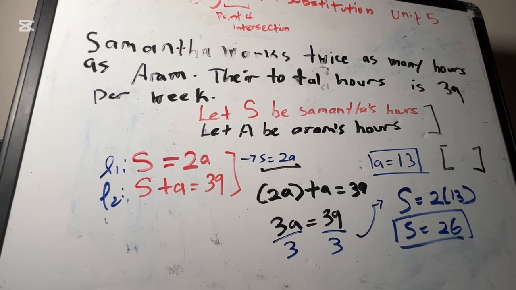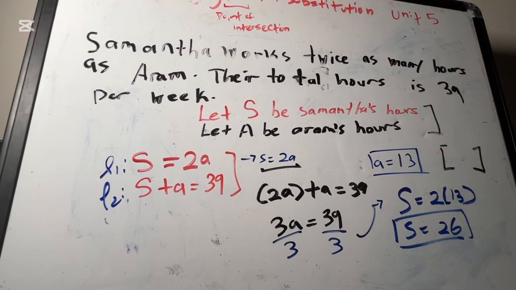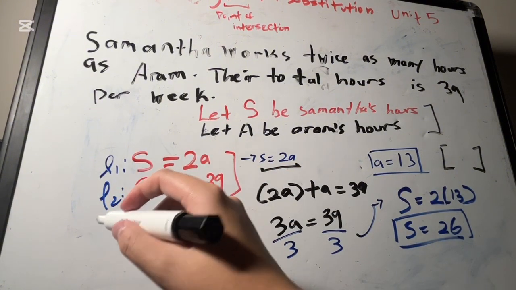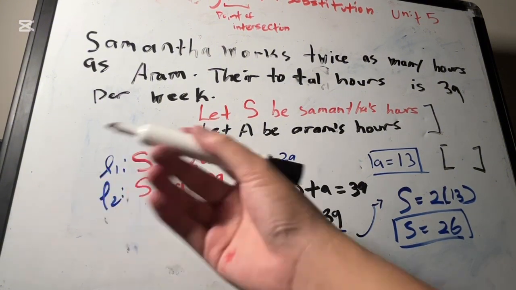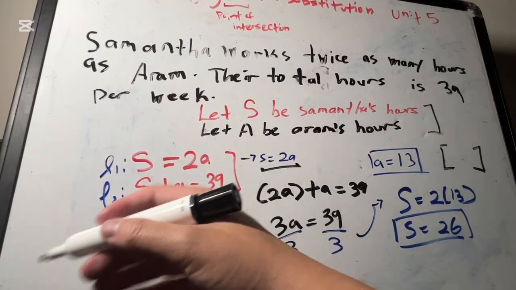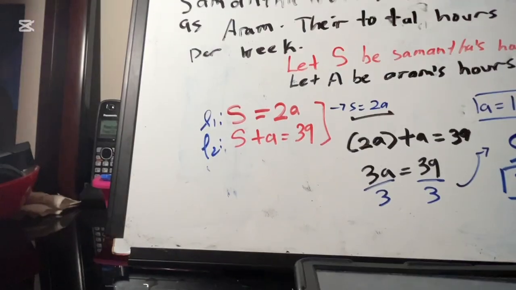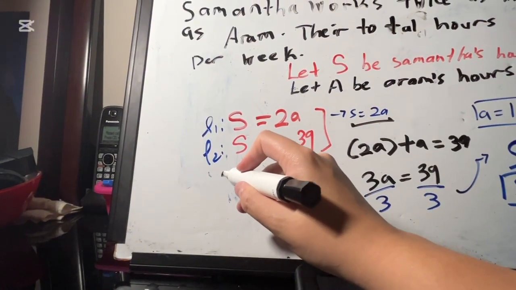I know the question here doesn't explicitly state which one you should be solving for, but if it says, for example, how many hours do Samantha and Aram work, you'd have to put in a let statement, which I'll nicely show you here.